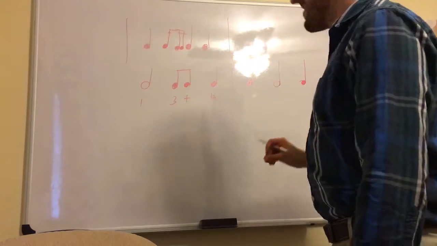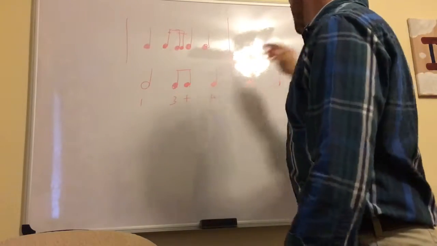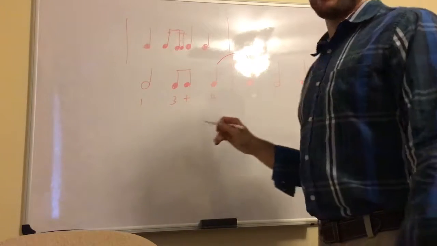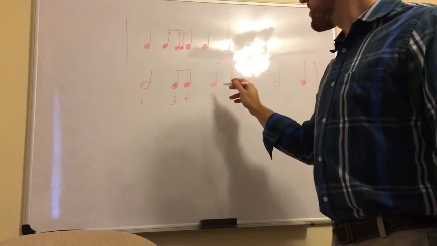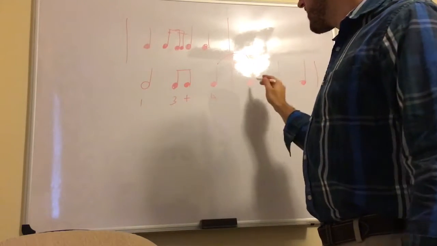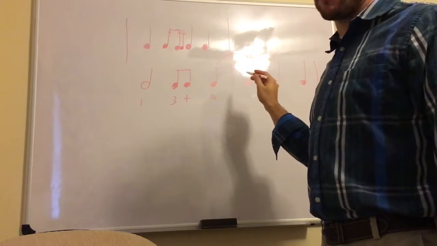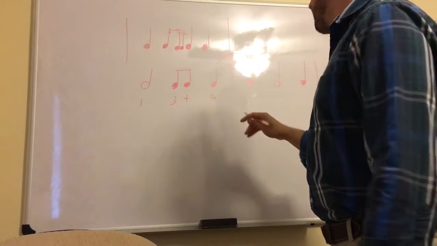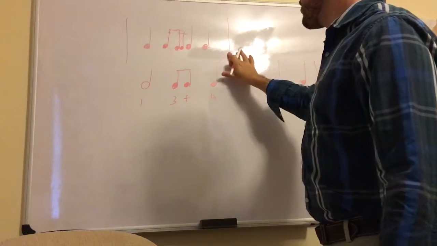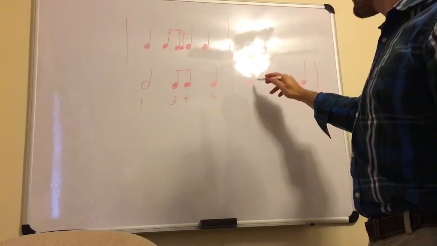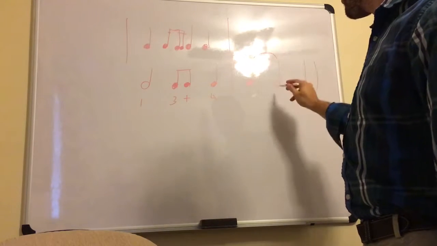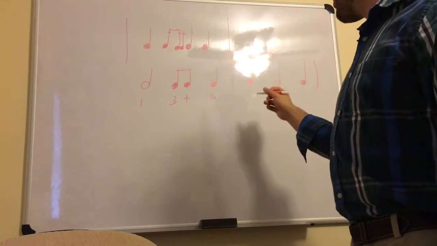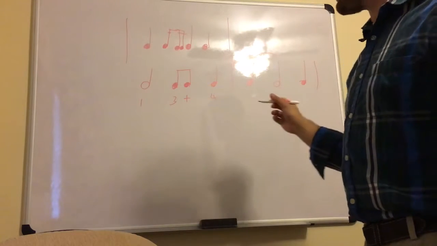Let's say these two are tied together. That means that note is not struck again when it's the first beat in the next measure. This same thing could be done for any of these other notes within a measure. It could be done between this quarter note into this half note right here, and then that would be a total of 3 beats.